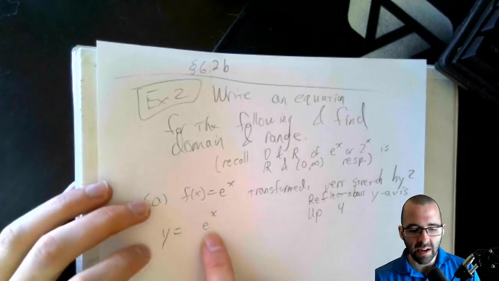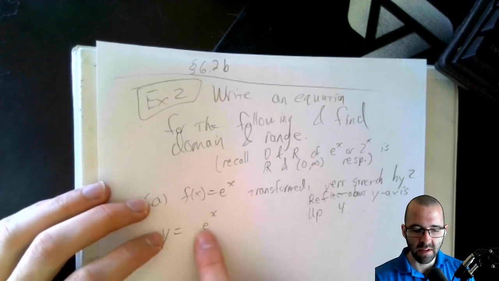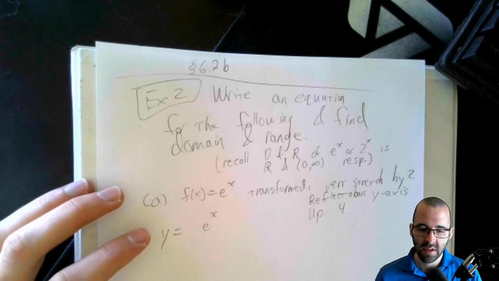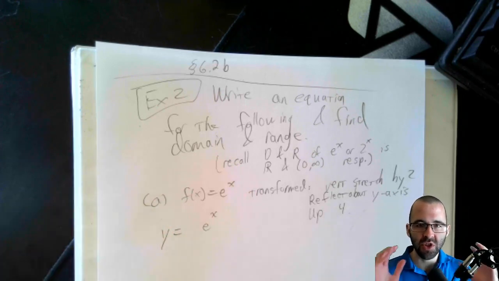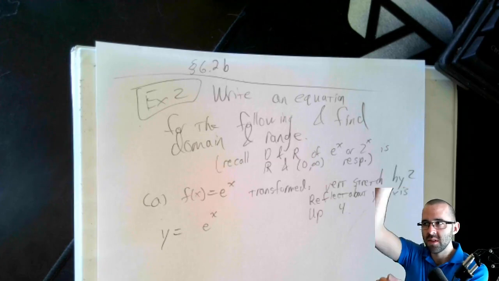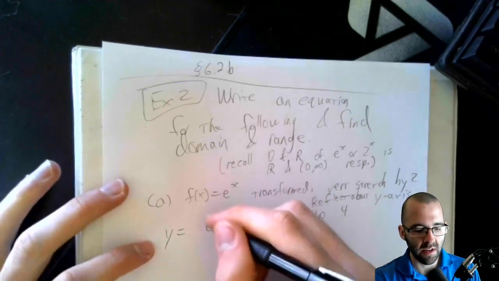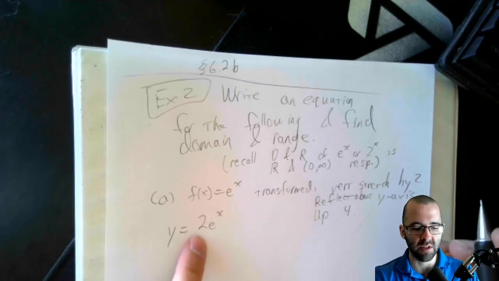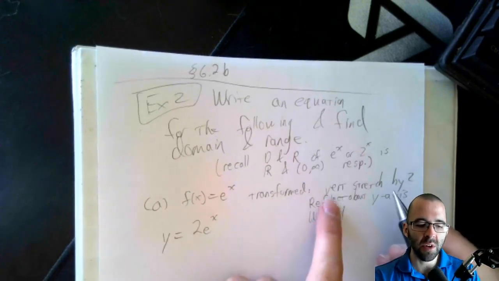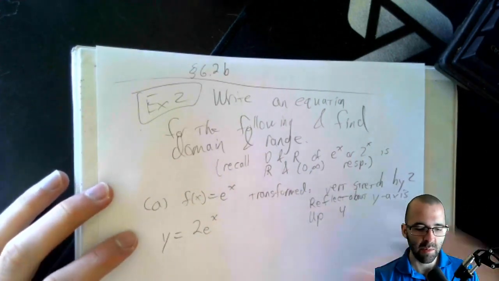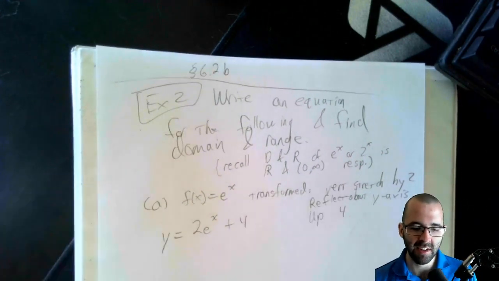How do we do any of these transformations to this function, e to the x? So plus 2 would shift it up 2. It's multiplied by 2 to vertically stretch it. But that's the right idea. So we have a 2 in the front. If it was a horizontal thing, it'd be on the inside, up here in the exponent. Plus 4, good, good, good.